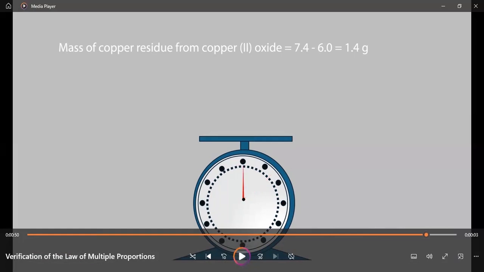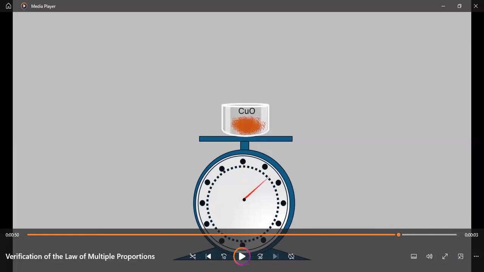So the mass of the copper residue from copper 2 oxide is 7.4 minus 6, because what we have on the reading here is 7.4, but the mass of this empty bowl when nothing was inside is 6.